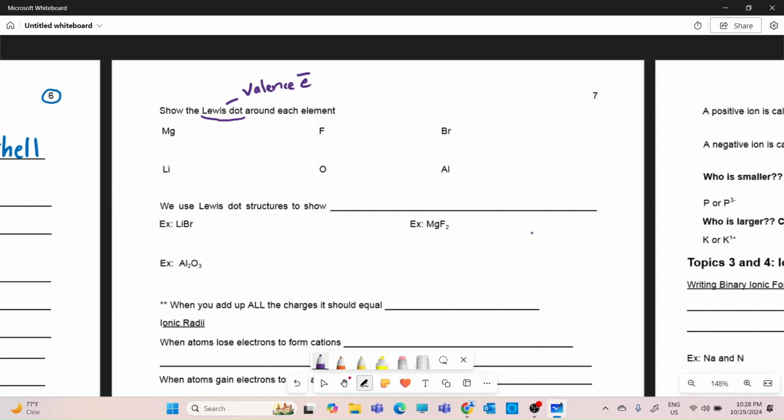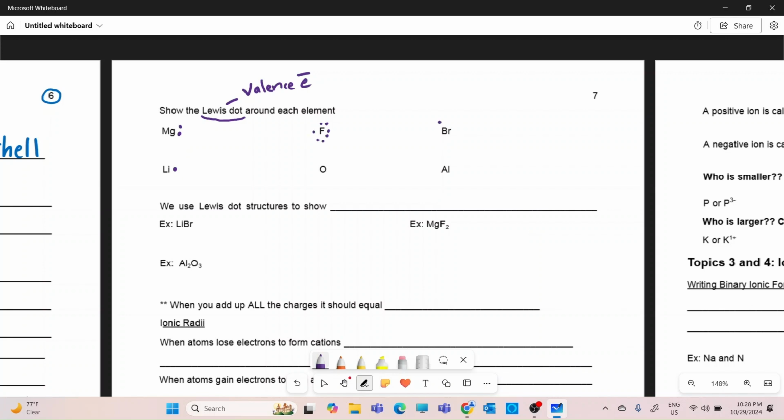Magnesium is in group 2. So how many valence electrons will be there? 2 valence electrons. I'm going to put 2 dots on magnesium. And lithium, which is in group 1, how many valence electrons? 1. Fluorine, which is in group 17, so there will be 7 electrons in its valence shell.